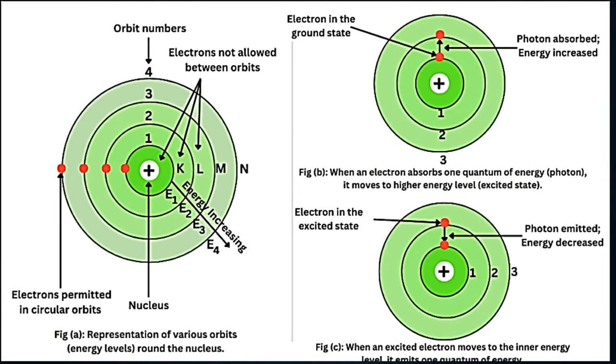Classical physics says that a charged object, or electrons moving in a circular path, will lose energy, and when they lose energy they fall toward the nucleus. Since the electron is negatively charged and the nucleus is positive, they would cancel each other, and the whole atom would collapse.